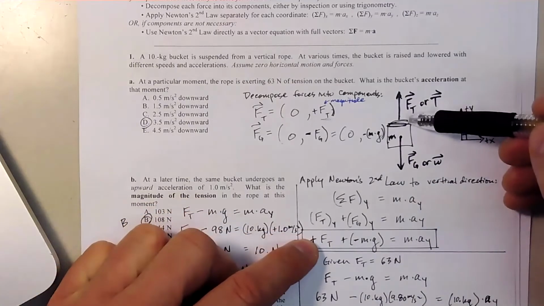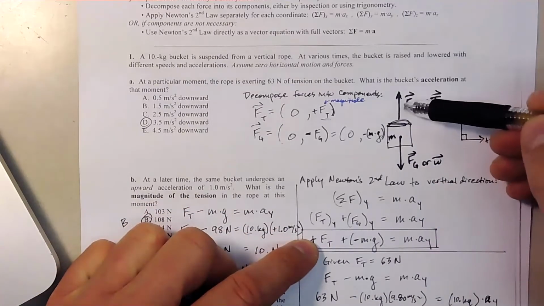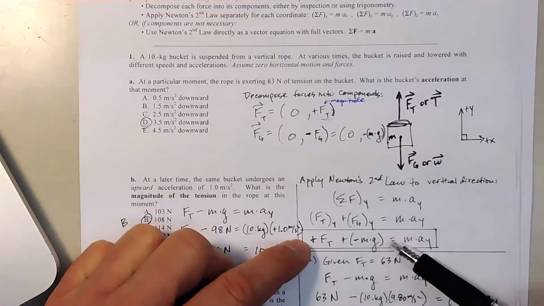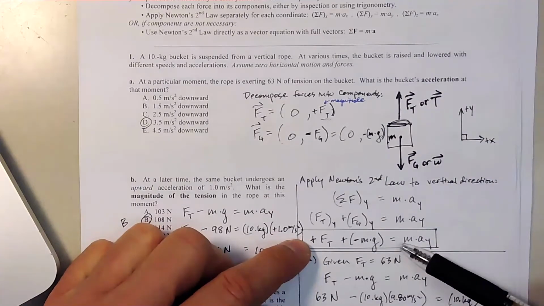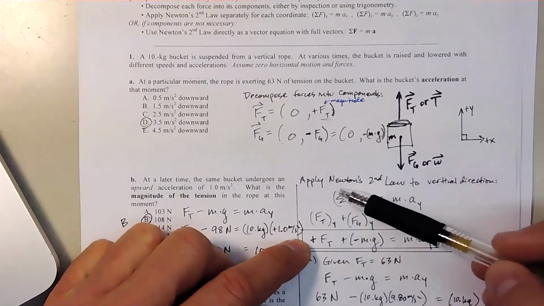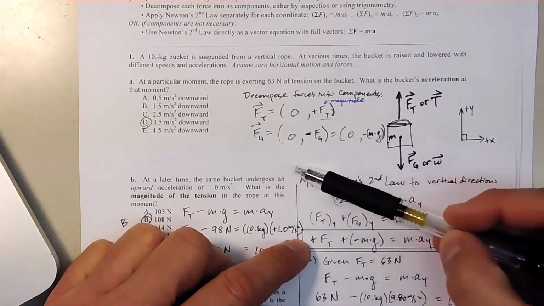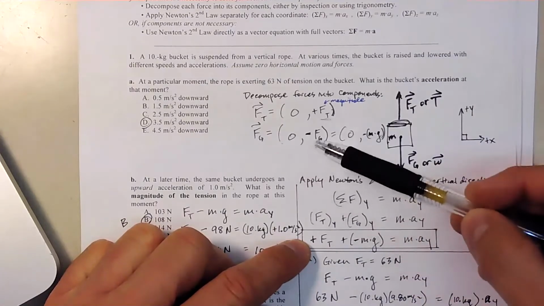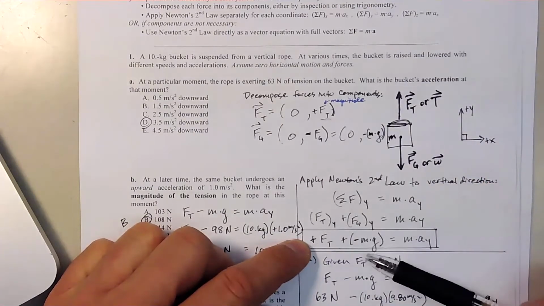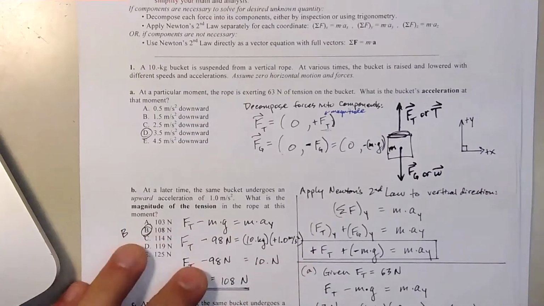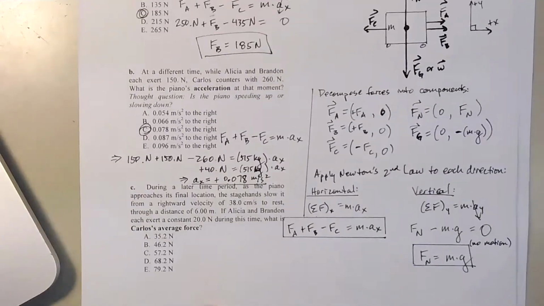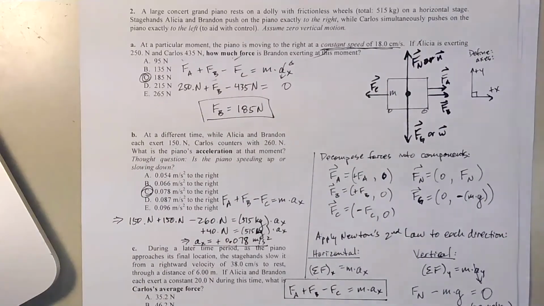And it'd be very easy for us to simply have a second rope pulling upward. So there are two tensions, and then all of a sudden this equation is no longer correct because now we have one more force that we would need to add over here in our inventory of forces, and then the left-hand side of this equation would change. The same thing goes for the piano in problem 2 that we did.